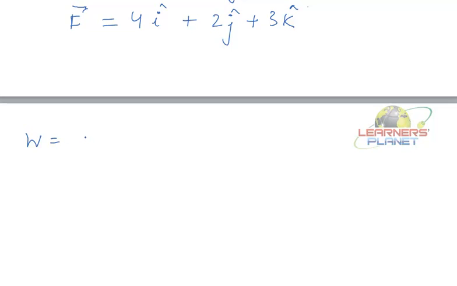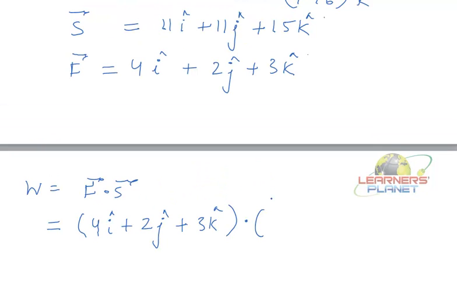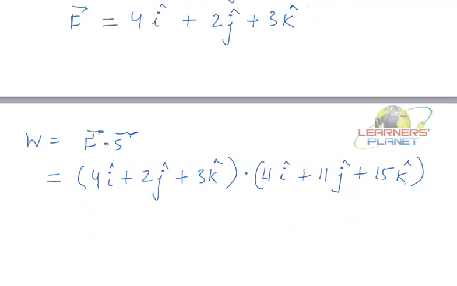Work done is a scalar quantity, and F dot S, if we do, this will be 4i cap + 2j cap + 3k cap dot product with S vector, which is 11i cap + 11j cap + 15k cap.